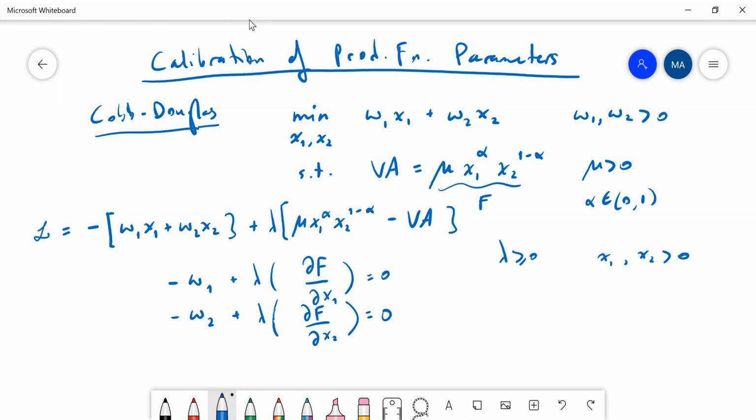But anyhow, this is now formulated as a maximization problem. It's not really important. What is important is that lambda will be equal to omega 1 divided by the marginal productivity, and this is omega 2 divided by its marginal productivity.